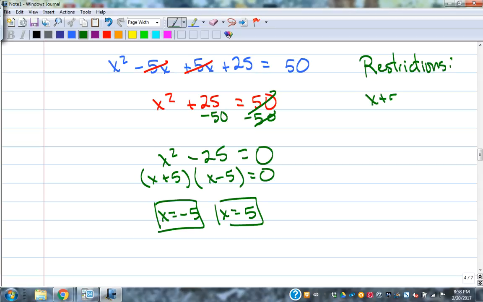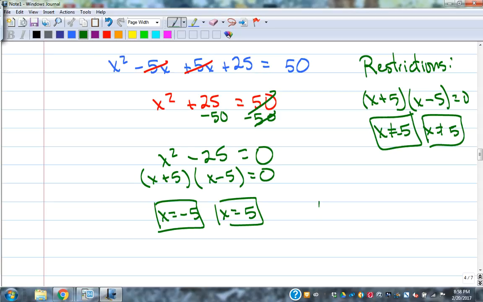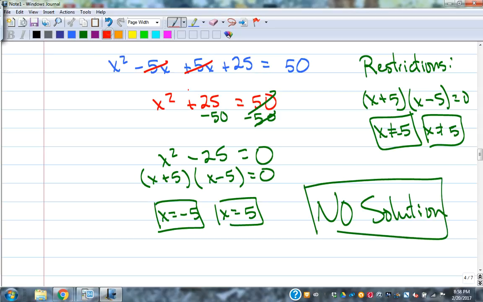Yeah, you set the common denominator equal to 0. And so both of them got canceled out. No solution. Okay? That's the name of the game.